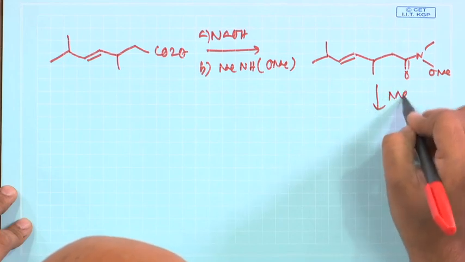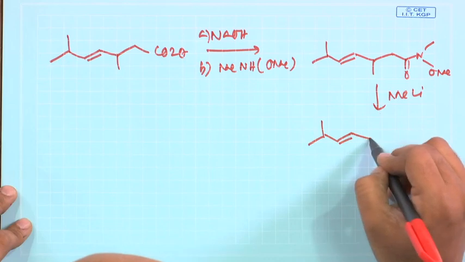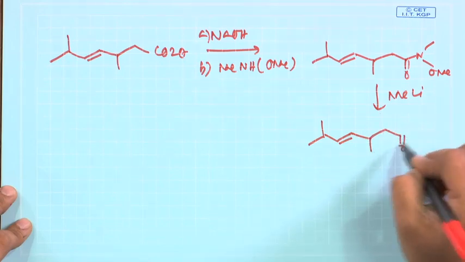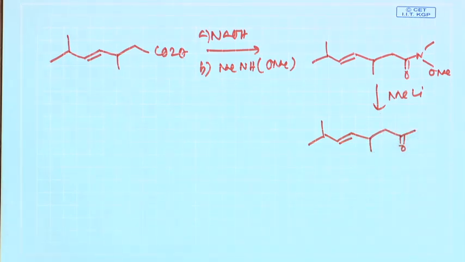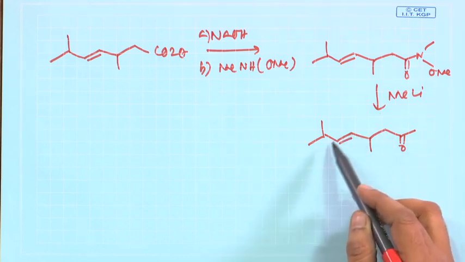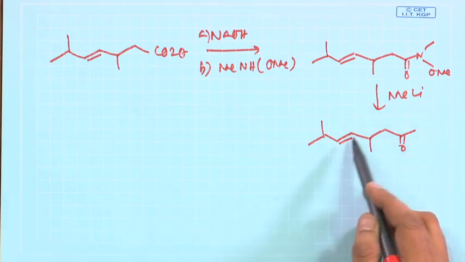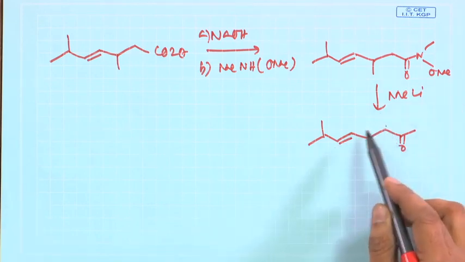You react with methyl lithium or methyl magnesium bromide, and you will get the target molecule. That basically completes the synthesis, and the final compound is again a gamma delta unsaturated ketone, which is our main target.